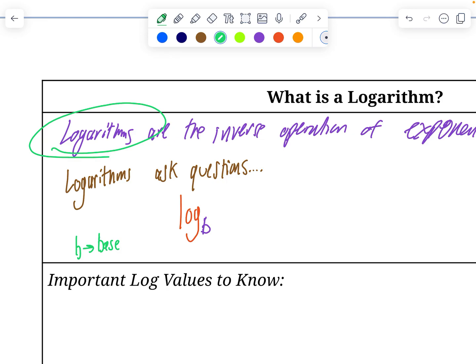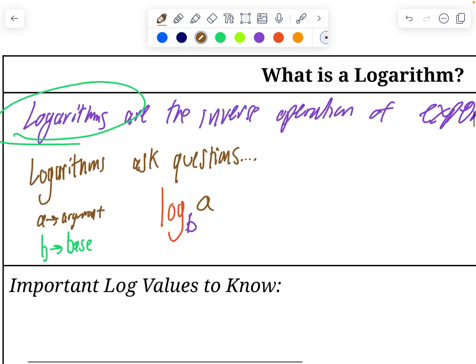It's called a subscript. You have a regular sized number here. That is called the argument. So every log has a base and an argument. Okay? Logs are a little more complicated because there are 2 numbers there. So into this operation, you put 2 numbers.